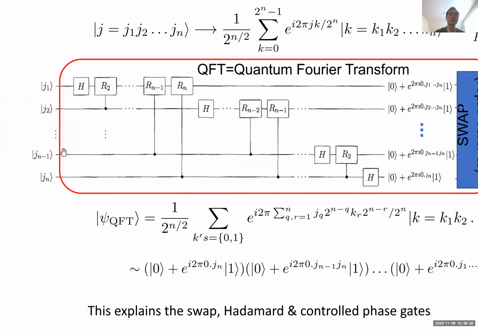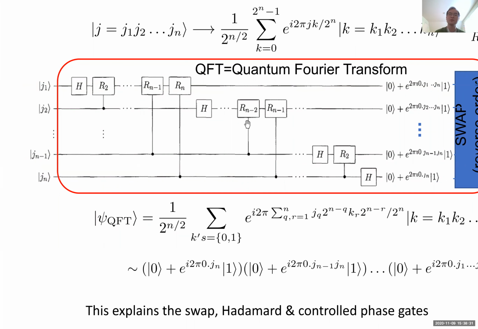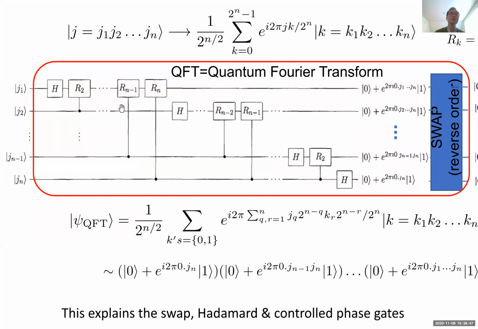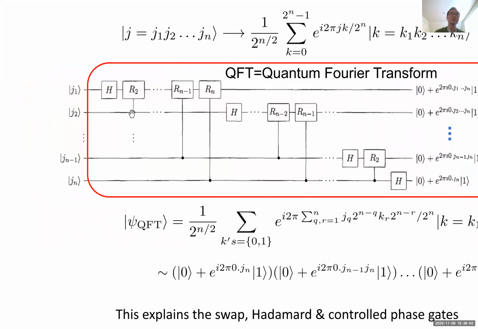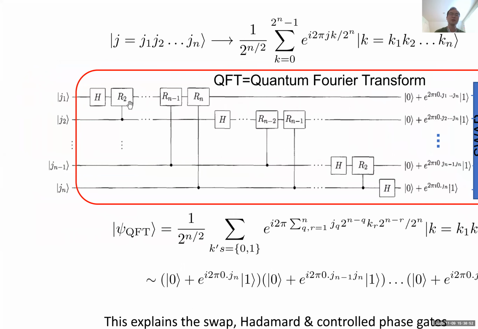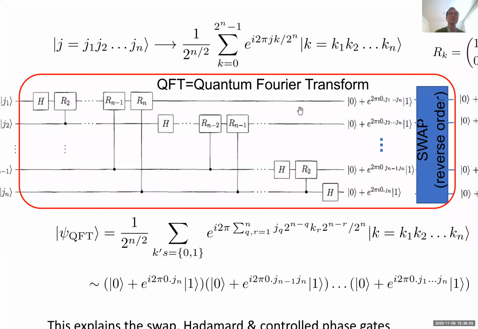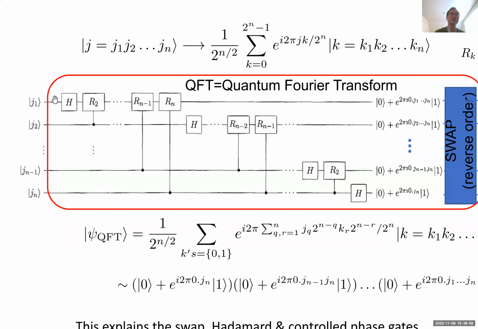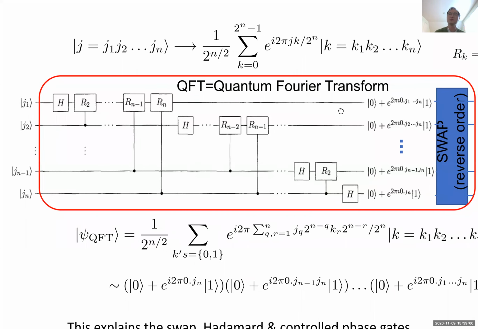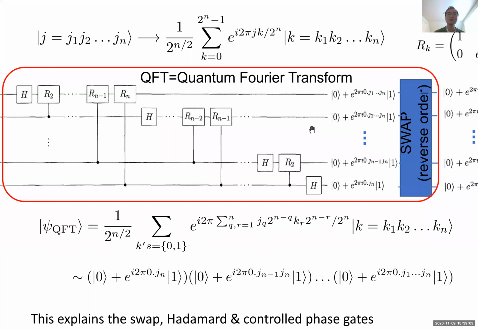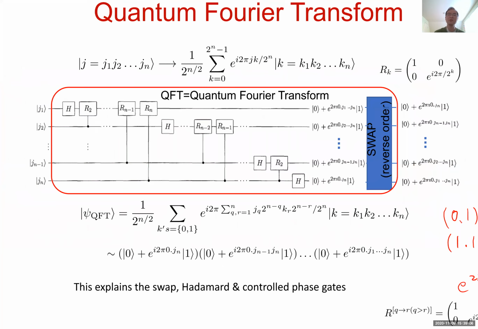So you will see that there are many control gates from this n minus 1 qubit to all the qubits above, but with appropriate shift of the digit. Okay, does that make sense? And then until the J2, there is a control gate that shifts the digit. And this first one starts with the Hadamard gate. So that's the structure. Okay, any question?